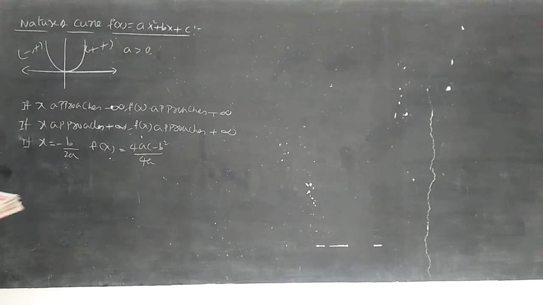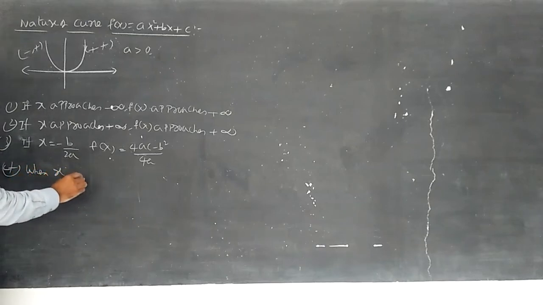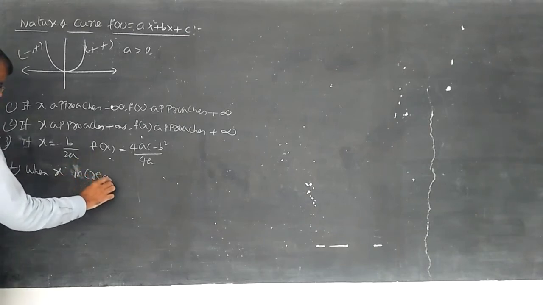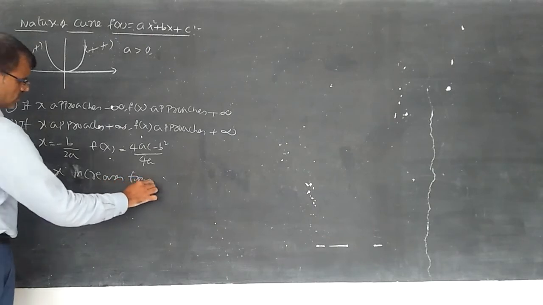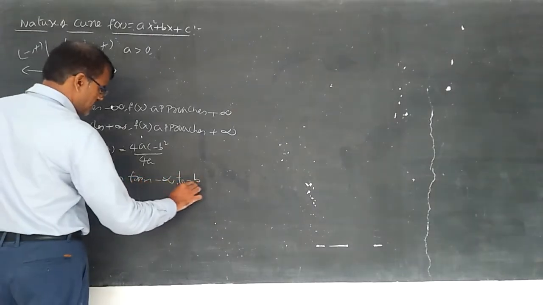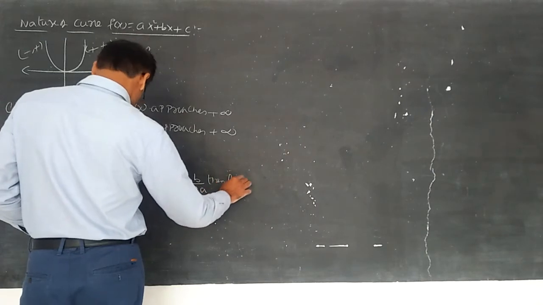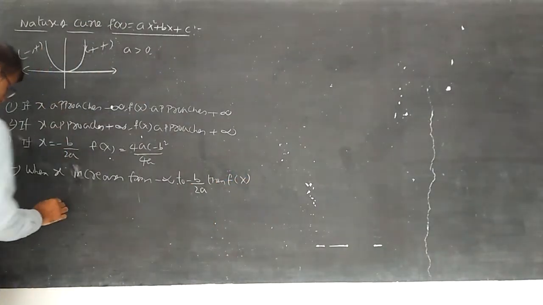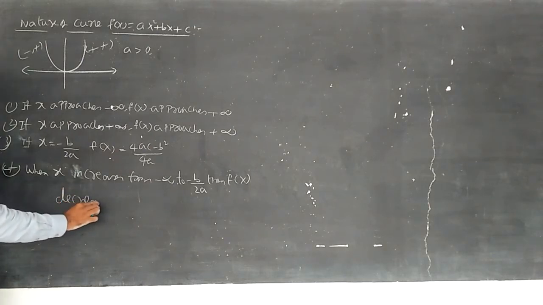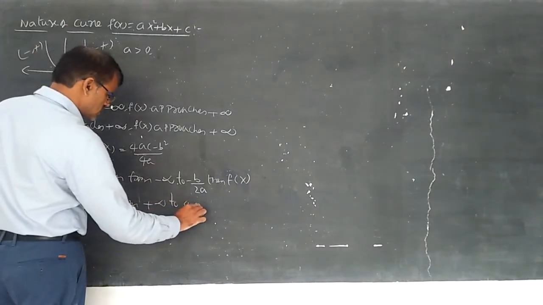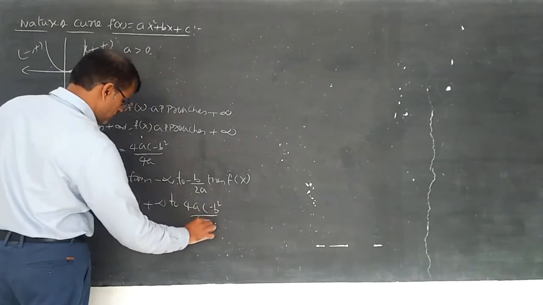Next, the fourth point: when x value increases from minus infinity to minus b by 2a, then f of x decreases from plus infinity to 4ac minus b square by 4a.